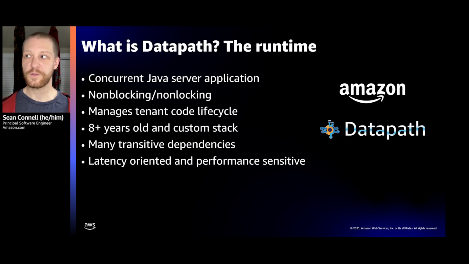So all of this put together means it's a complicated, complex application that's business critical and has tight performance targets, meaning it's not super easy to migrate. There are a lot of things that can trip us up, and it's not a toy application. This is business critical and complicated.